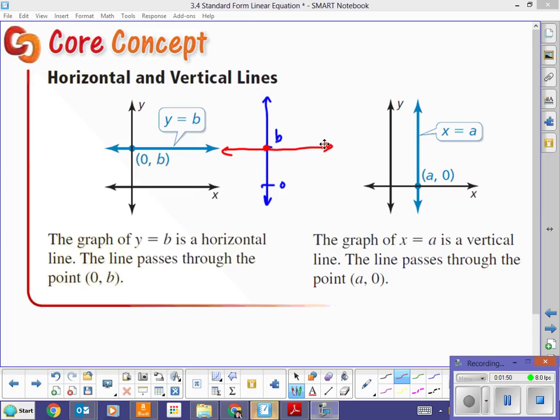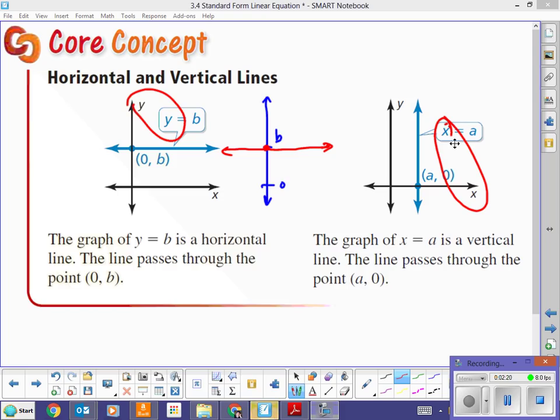Another way you can think of this is, because this is where you're going to get confused. You're going to see the single variable, and you're going to get confused how it graphs. If it's y equals, it's going to go through the y-axis. If it's x equals, it goes through the x-axis.